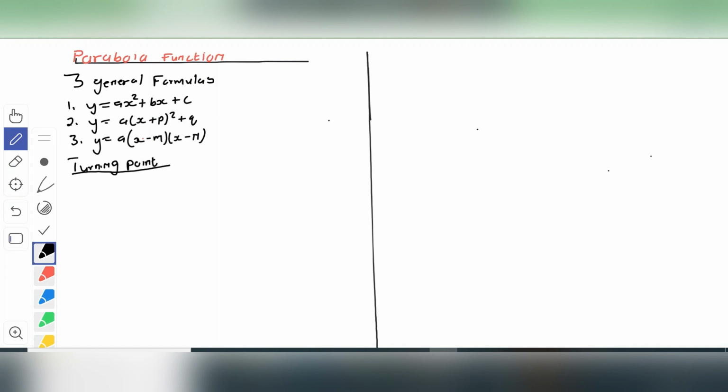Whenever the question is to determine the turning point of the parabola or determine the maximum value, this is the formula which we are going to use. Mostly at grade 11, you won't be asked what the maximum or minimum value is, but even if they do, they want you to calculate the turning point. But mostly it's for grade 12, guys. So now just focus on the turning point.